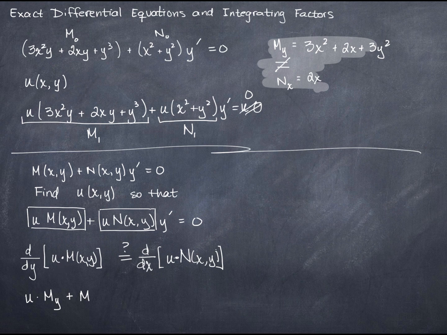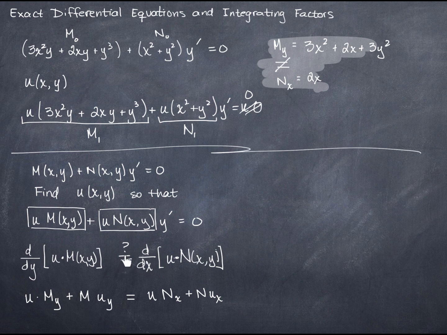Well, the derivative of the first is the derivative of u, but again, here I'm differentiating with respect to y. On the right-hand side, we have another product of u and N. So I'm going to say that the derivative of that is the first times the derivative of the second, but this time I'm differentiating with respect to x. So I'm going to have the first times the derivative of the second plus the second times the derivative of the first with respect to x.